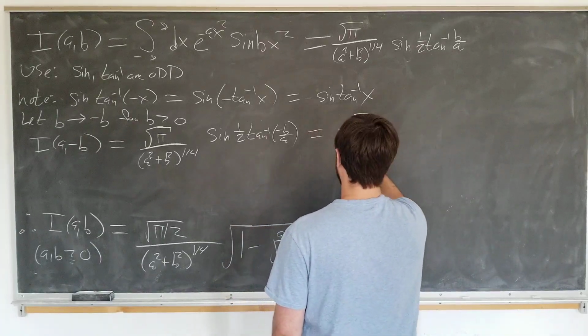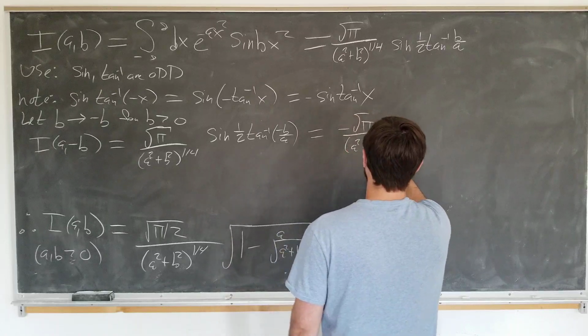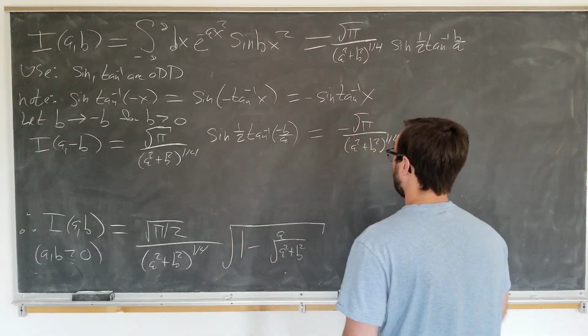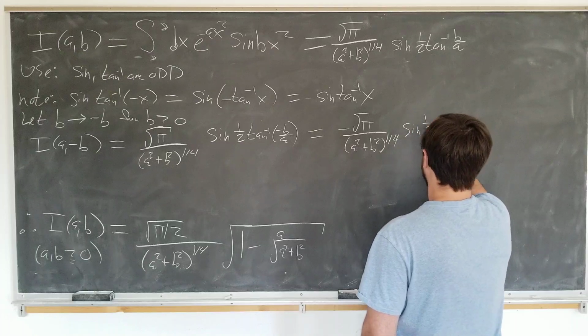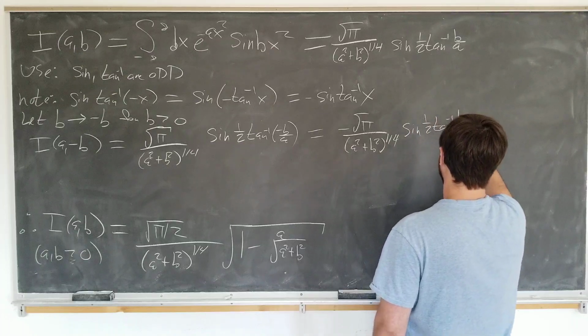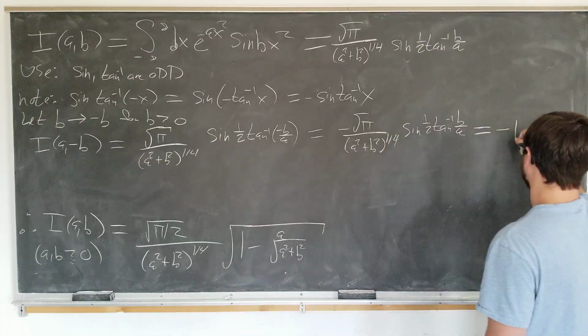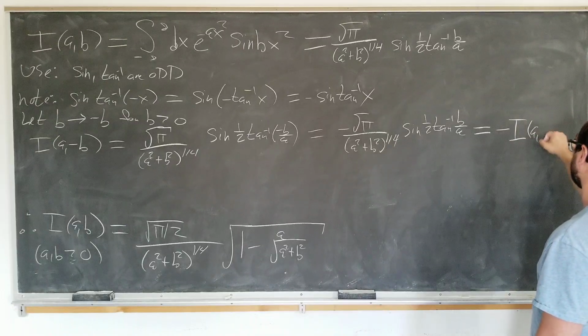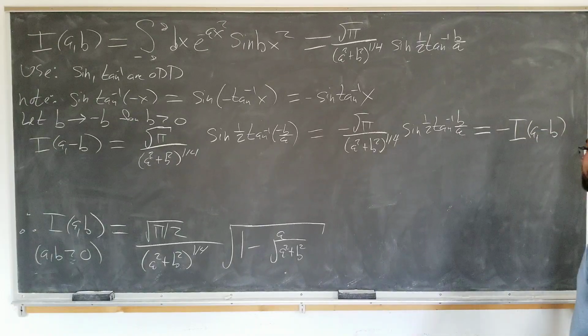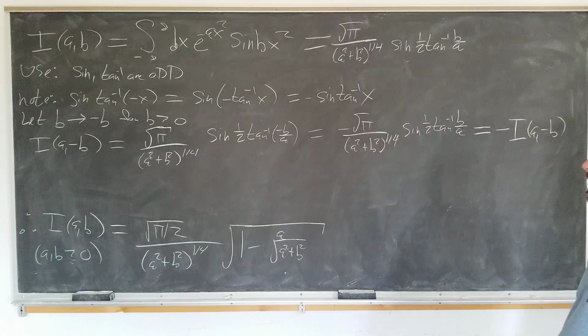Minus square root of pi over a squared plus b squared to the quarter, sine 1/2 inverse tangent b over a, which is just minus I of a and b. So yeah, that sounds fantastic.